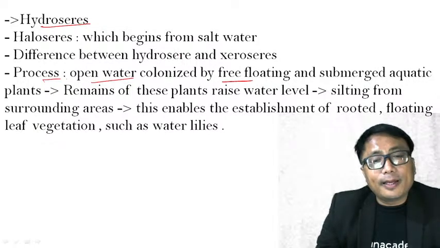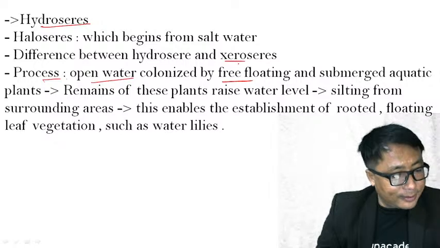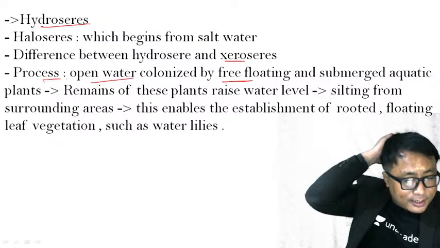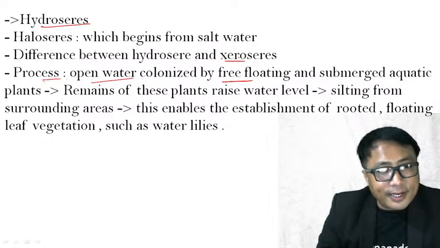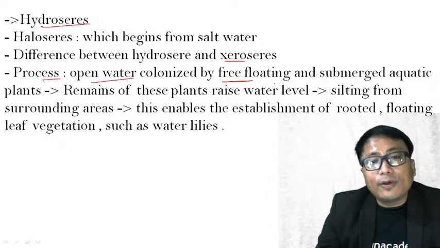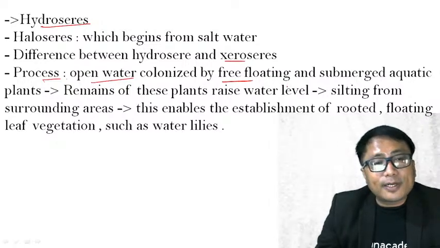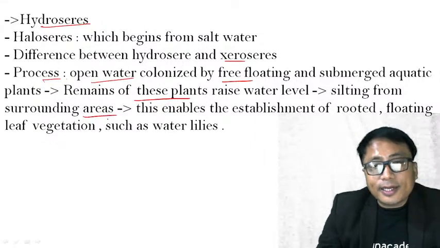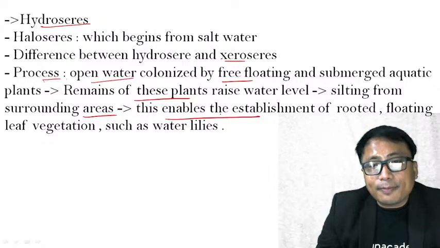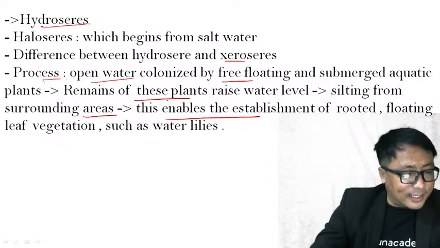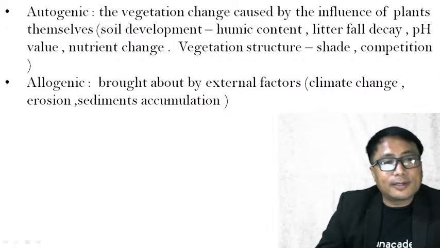In the xerosere we have seen it is the algae and lichens acting as the pioneering species going and modifying the area. Here in the hydrosere it is the free floating and submerged aquatic plants. Remains of these plants will raise the water level, with silting from the surrounding areas. This enables the establishment of rooted and floating leaf vegetation such as water lilies. That is how it proceeds.